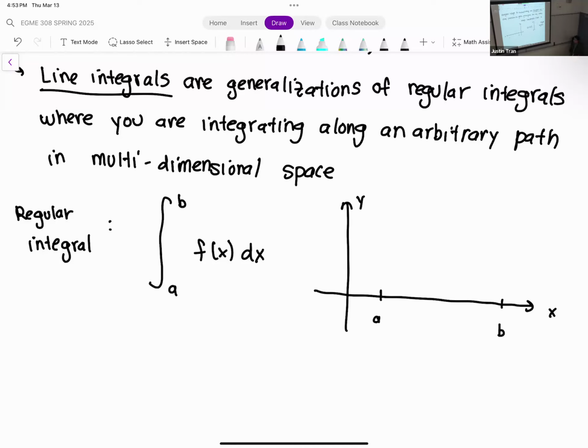When you do a regular integral, you can think of it as integrating the function between these two points along that path, right? And the path that you're taking is simply along the x-axis. If you were to draw it out, you'd basically be integrating along this path right here.